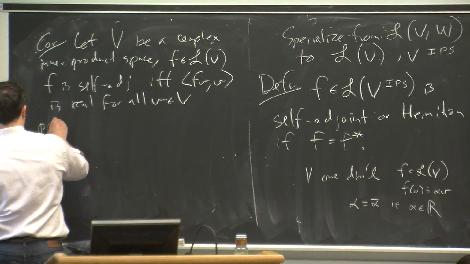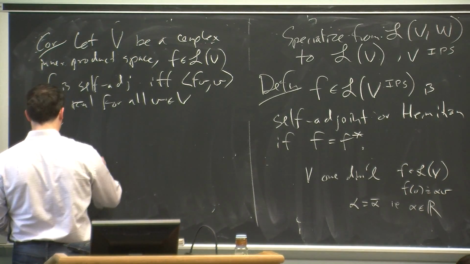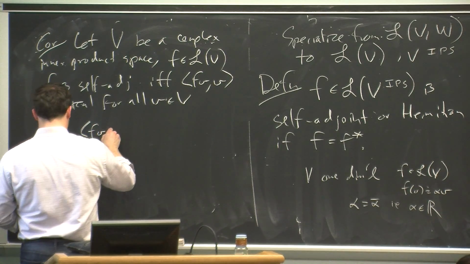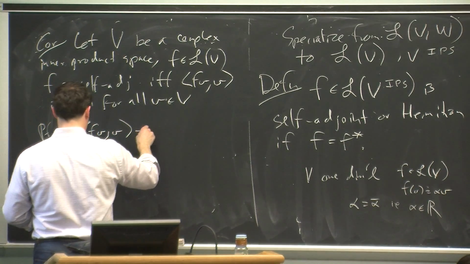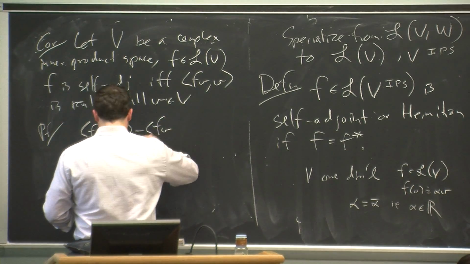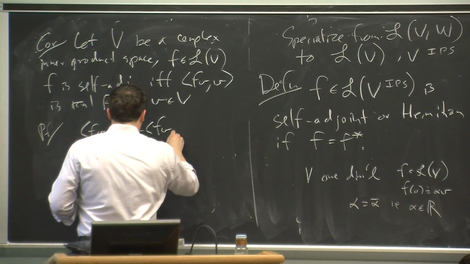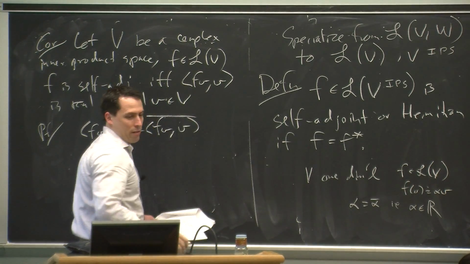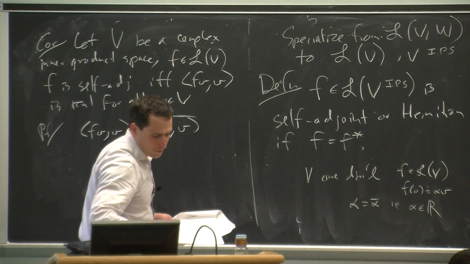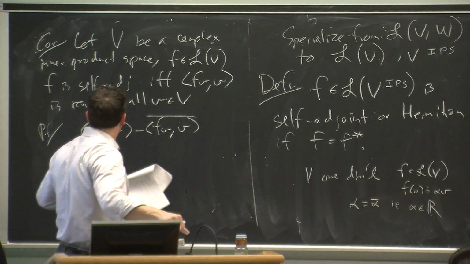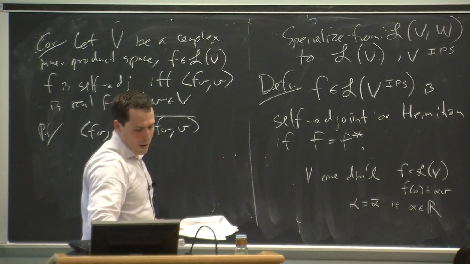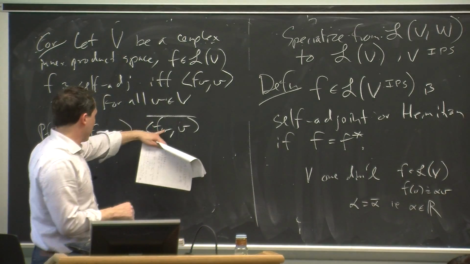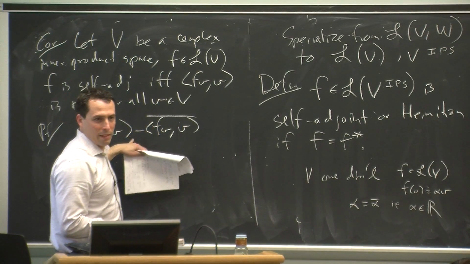And for the proof, ⟨F(V), V⟩, excuse me, we measure whether something is real. One way to measure something is real is by subtracting the conjugate from the item and seeing whether or not that's zero.